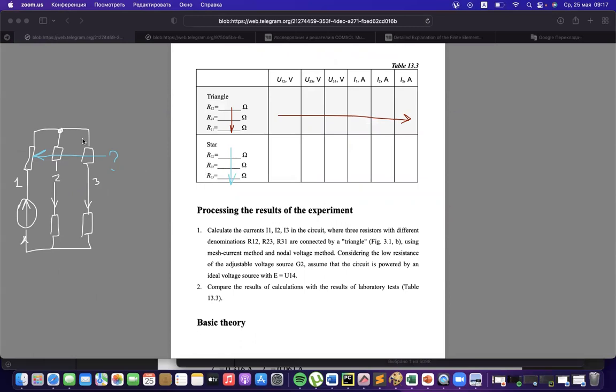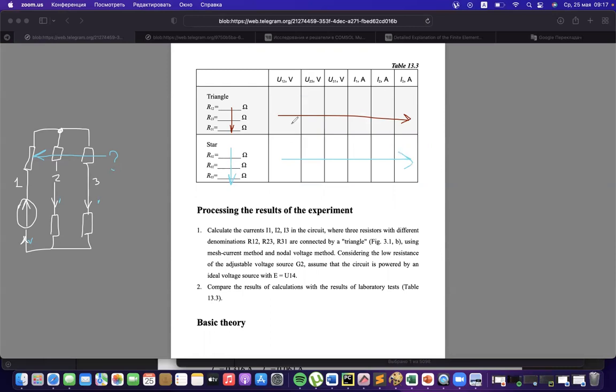After that, also recalculating using Kirchhoff's law or the mesh current method the new circle with new values of resistors. And after it, you will also get the numbers of 3 currents and voltages between points 1 to 3.